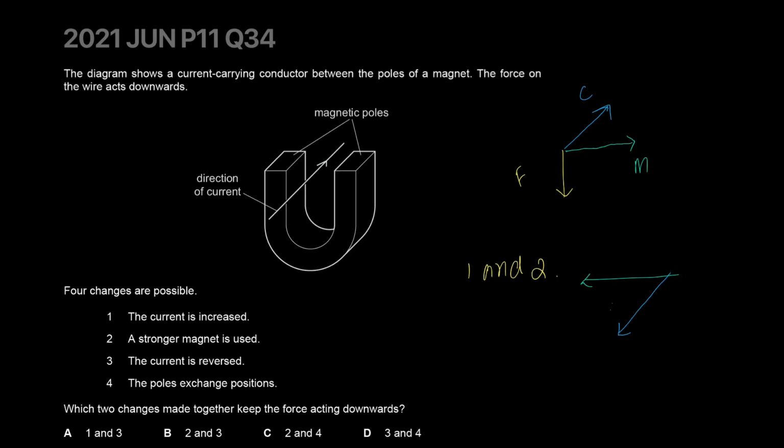You're changing 2 things that make the force go opposite. The first time you switch something, it points upwards, but the second time you do it, now it's pointing downwards, and that satisfies our left-hand rule as well. So the combination of 3 and 4 does the job, and that's our answer, D.